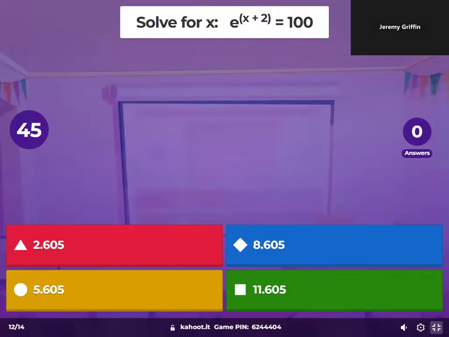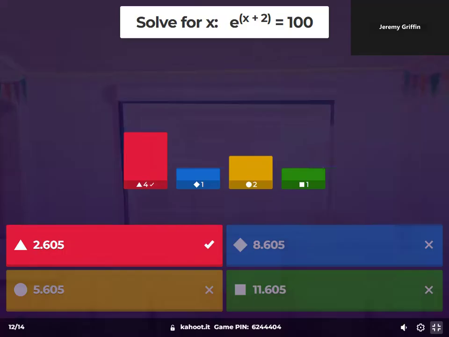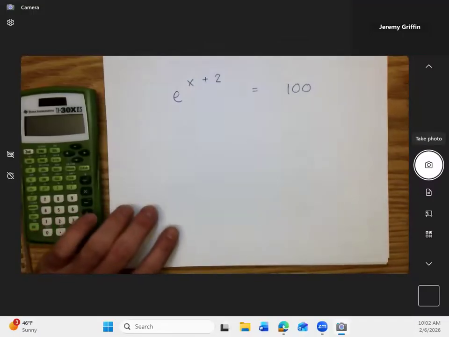Let's solve for x. Okay, so same process as before.